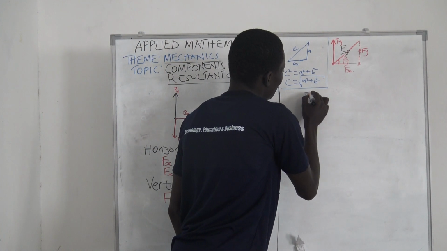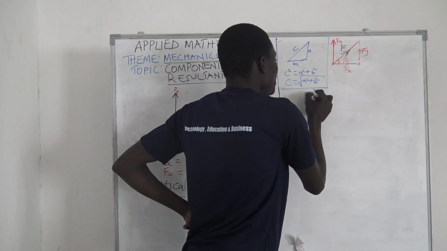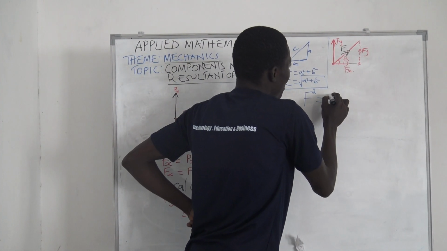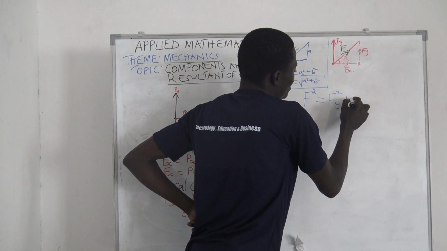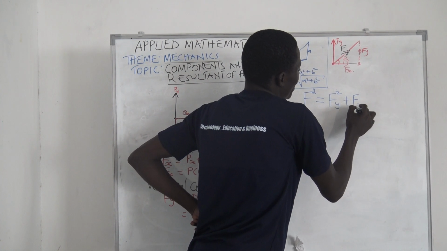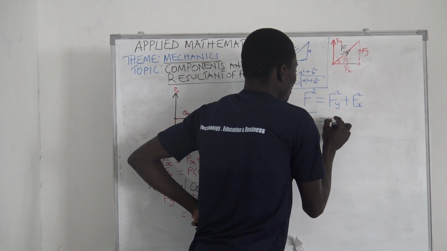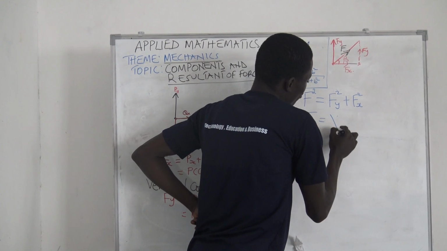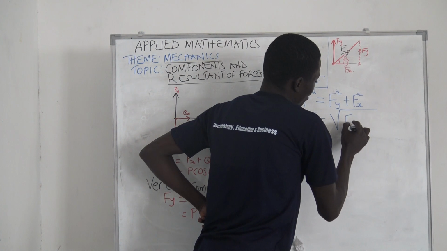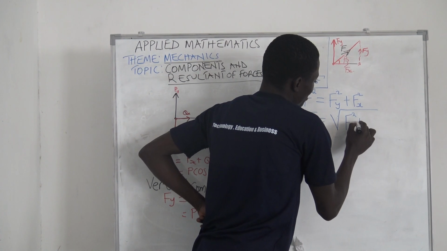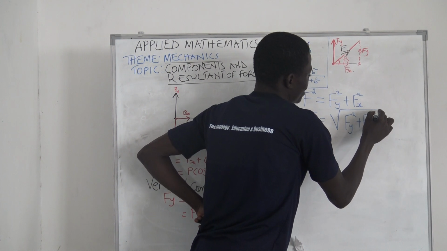So our resultant force F squared is given by Fy squared plus Fx squared. So the resultant F is given by the square root of Fy squared plus Fx squared.